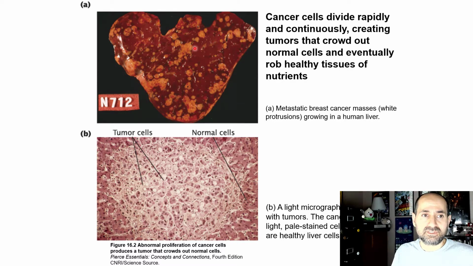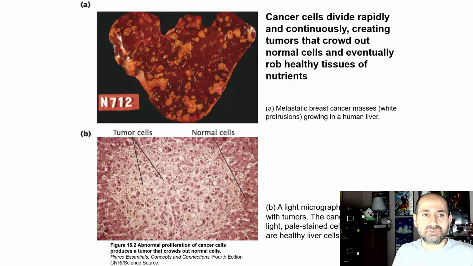You have breast cancer cells in the liver, and you might be wondering, why is there breast cancer or breast tissue in the liver? Well, because of a phenomenon known as metastasis. Metastasis is spread of tumors from one location to another. So in this patient, you see this patient with this liver?